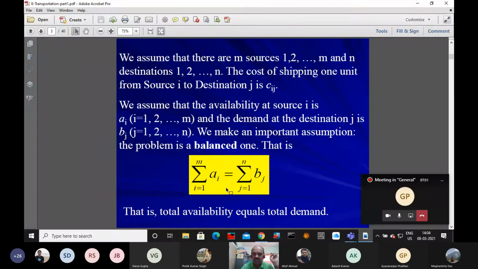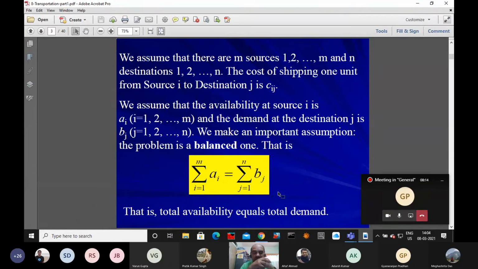Generally these Ai, A1, A2 up to Am, are integers. Similarly, B1, B2 up to Bn, the amounts demanded, are all integers. So the sum of Ai equals the sum of Bj. This is a very important assumption for a balanced transportation problem.